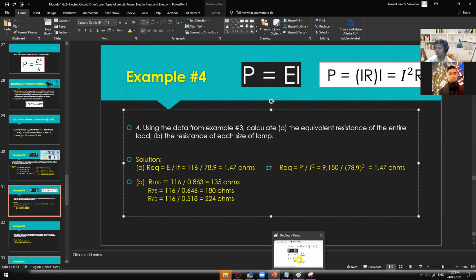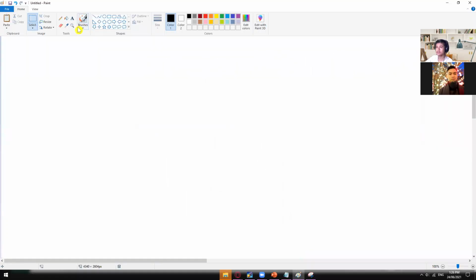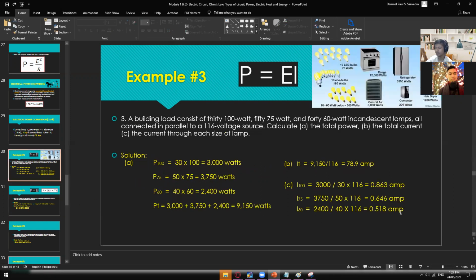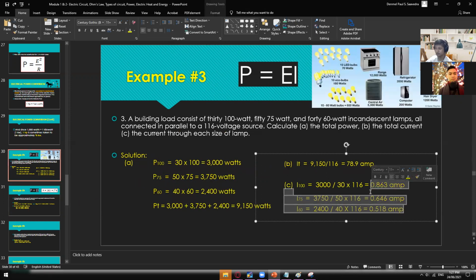So the formula for resistance is again R is equal to V divided by I. If you're getting individual resistance, let's say R1, then you should get the V1 and I1, wherein in here we have V1 divided by I1. So these 0.863, 0.646, 0.518 came from our previous results.